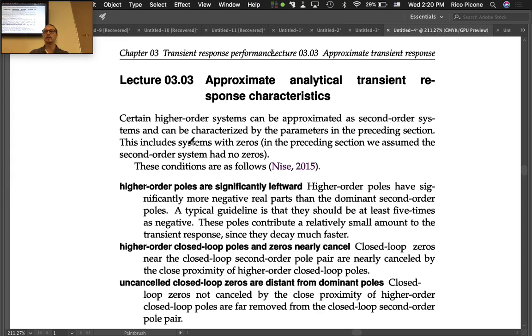So in lecture 3.2, we can get these exact analytic values in these cases.